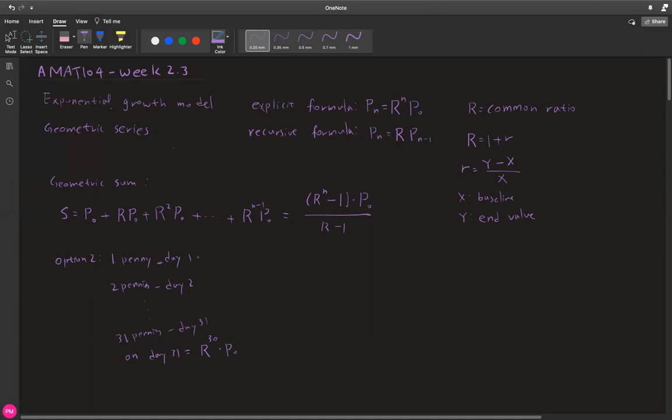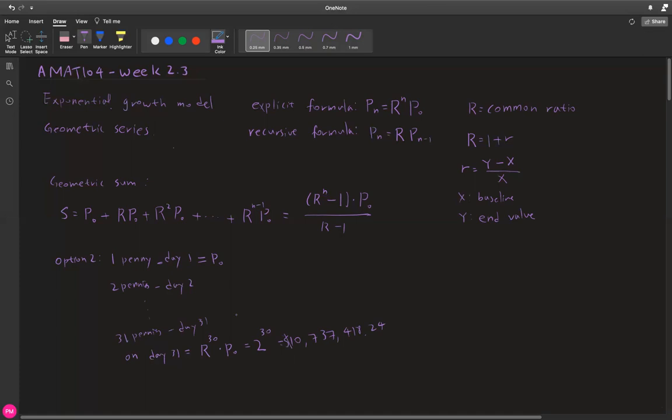And this here is the initial population, and this is simply 2 to the power of 30. And the number was 10,737,418 and 24 cents just on that day.